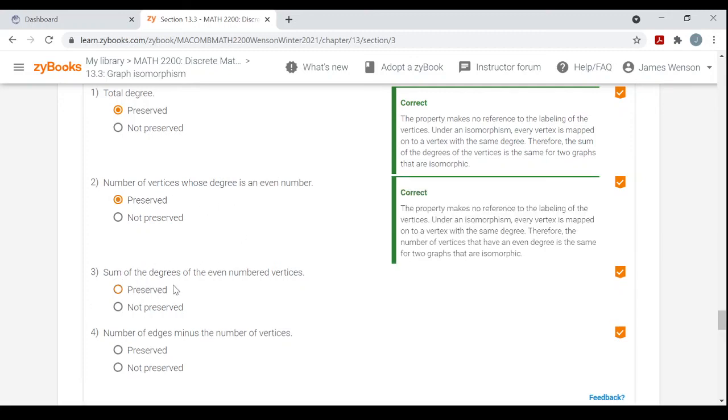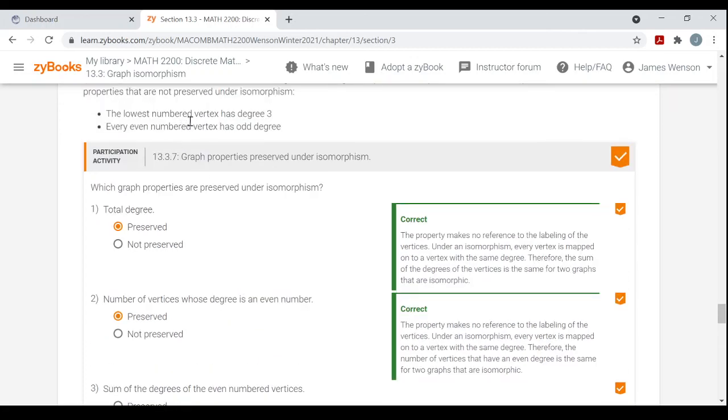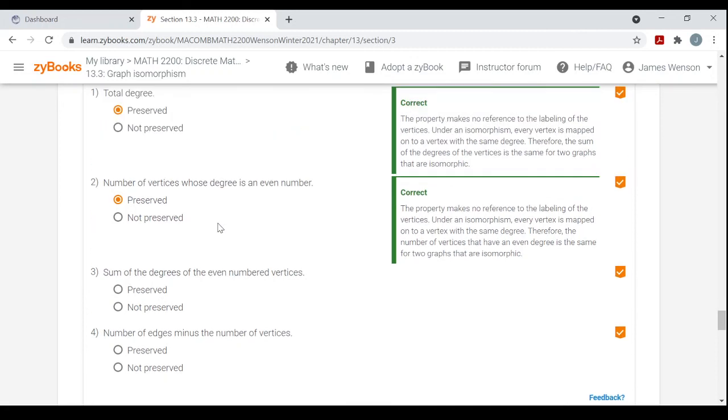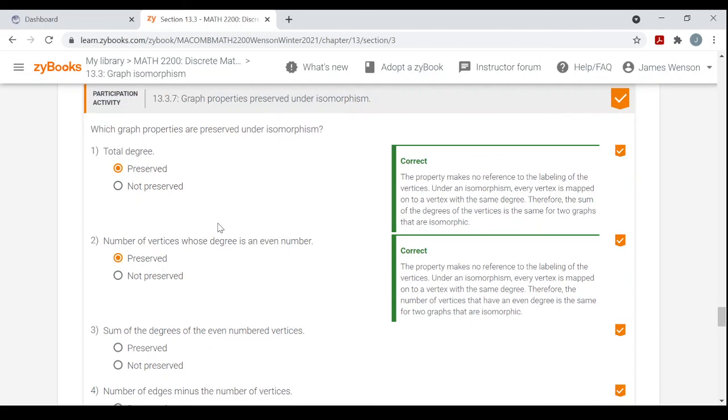The sum of the degrees of the even numbered vertices. Now this won't be preserved for the reason I set up here. If you just relabel things, so again, say one of the even vertices has an odd degree, you can relabel it so that it's another vertex.